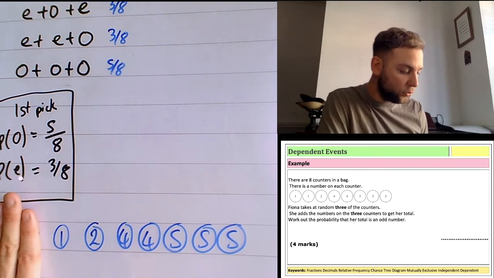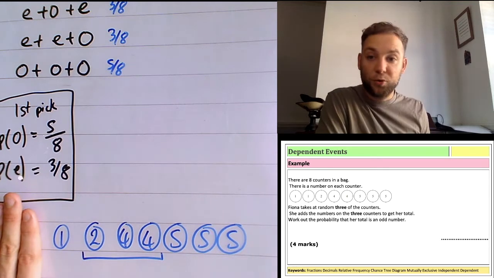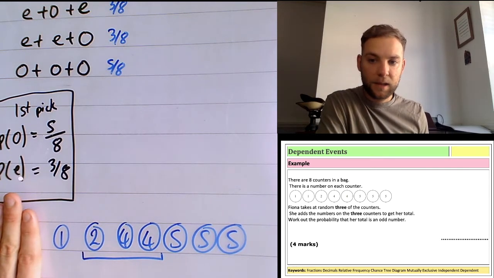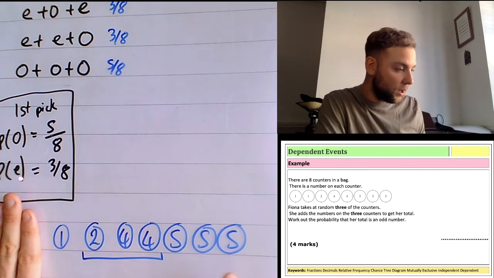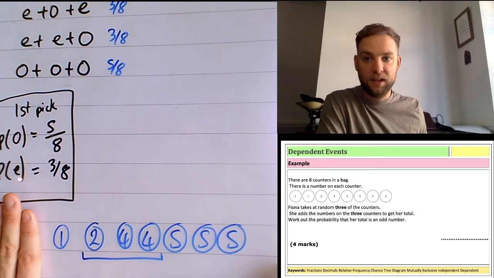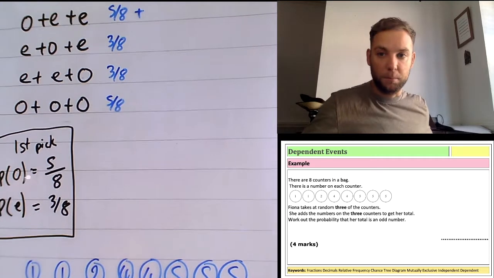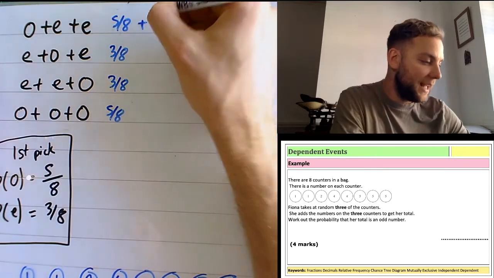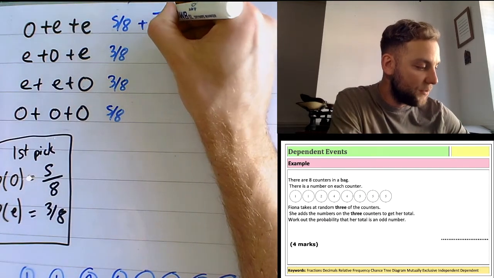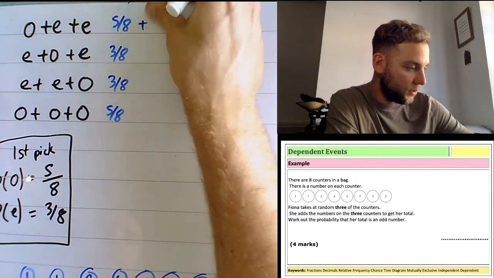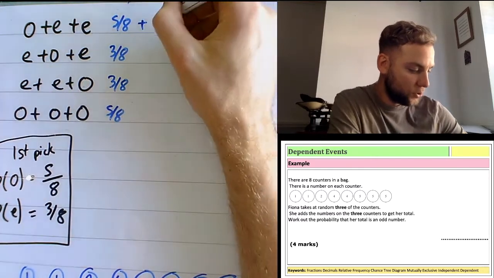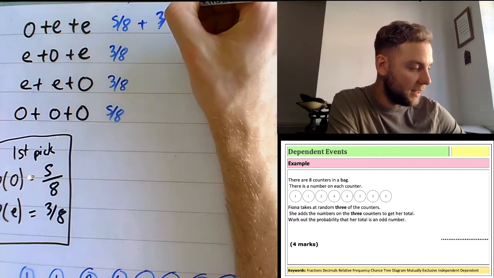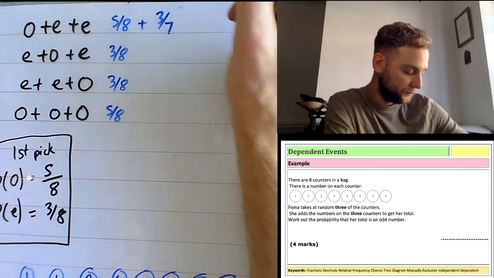Well, if I've picked an odd number, there are still 3 even numbers left. However, because I've picked an odd number, there's a total of 1, 2, 3, 4, 5, 6, 7 left. So if I've picked an odd number, the probability of picking an even number is equal to 3 out of 7.